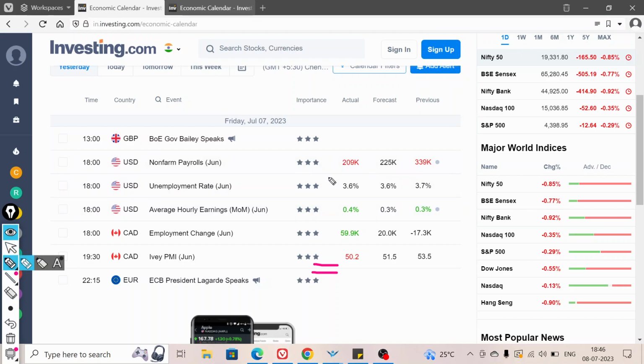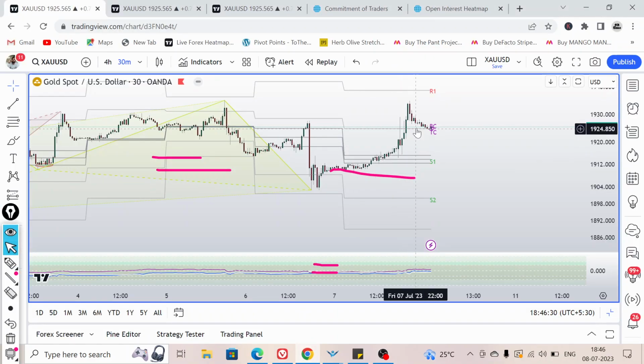After the NFP number, we saw a good bullish move on the chart. I already said on this chart that we can expect a rise of price from here to here, and gold followed the same. And now, what are the levels that we have to look for?